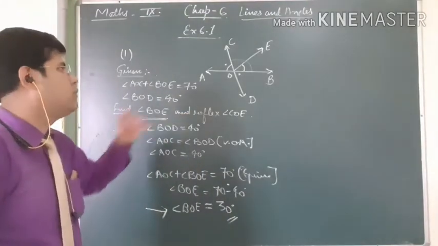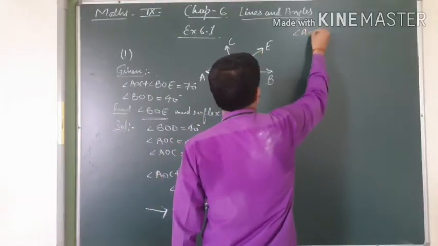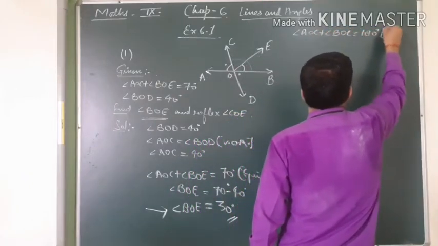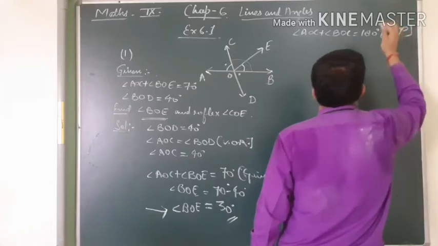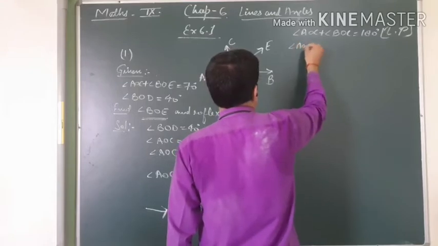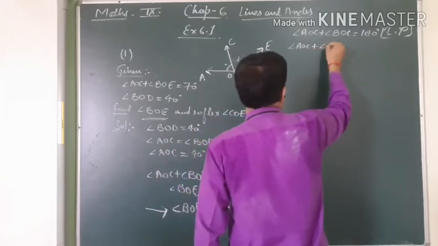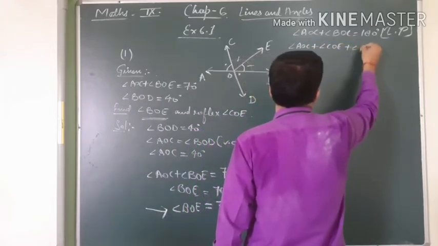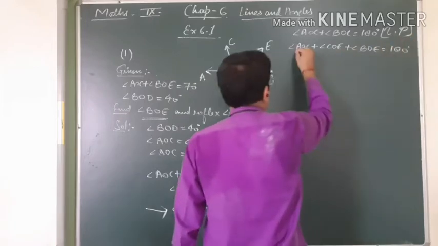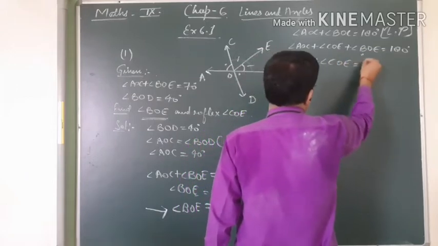Now reflex of COE. Firstly we have to find COE. So angle AOC plus angle BOC make together 180 by linear pair. AOC plus BOC have to be split into two parts: first angle COE and second angle BOE is equal to 180. Now AOC and BOE make together 70 degree, plus angle COE is equal to 180.